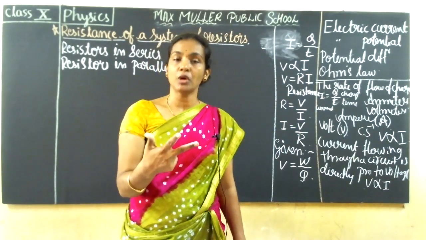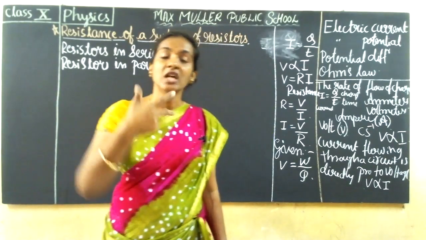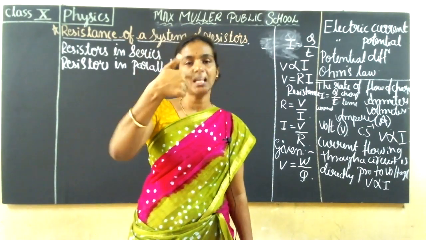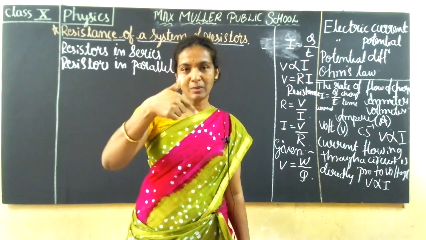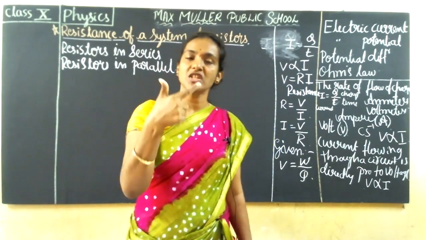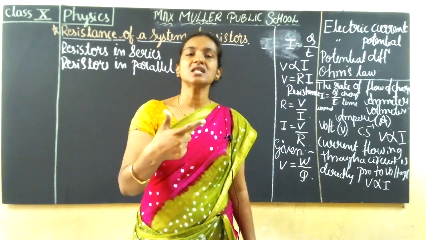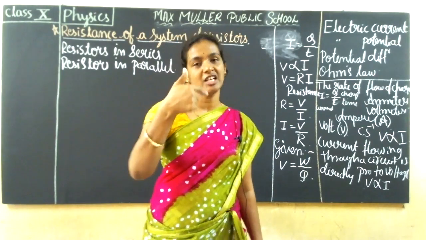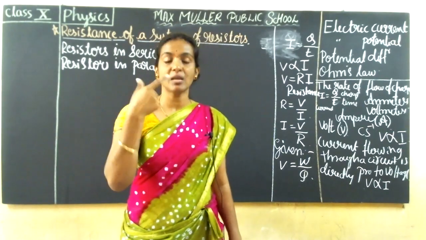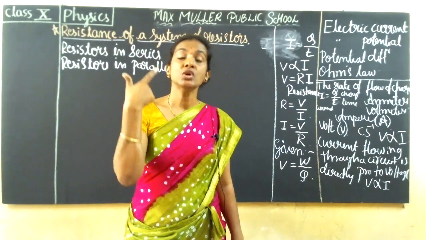Third point, while learning about Ohm's law, we learned what the relation is between current and potential difference. Our conclusion after studying this concept was that there is a relation between current and potential difference: they both are proportional to each other.